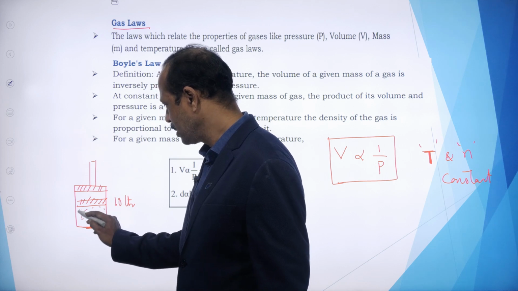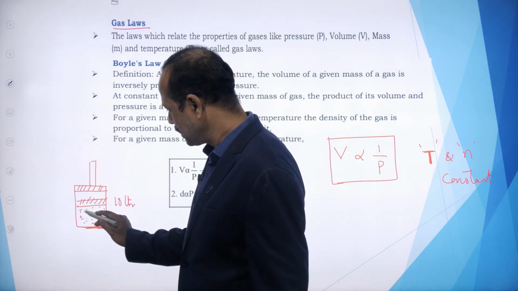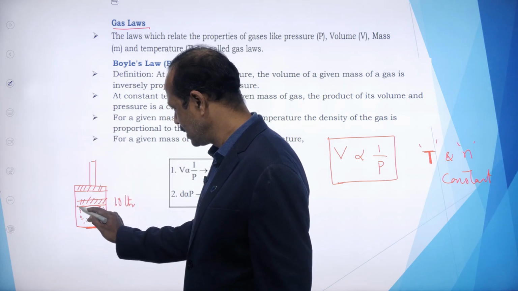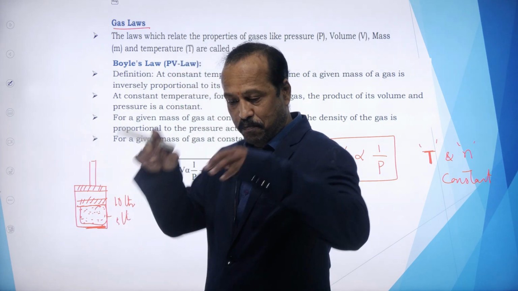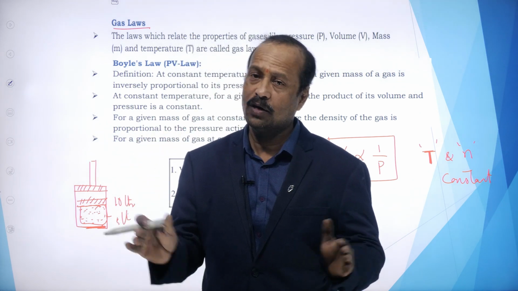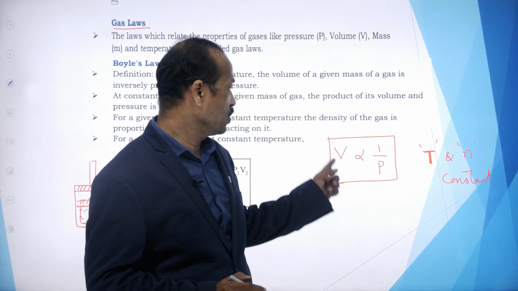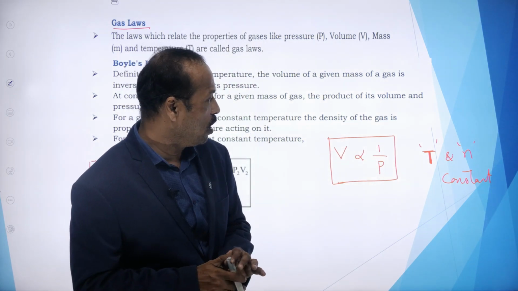So, the gas is compressed. So, I am increasing the pressure. Now, the volume is only this much. So, this is 5 liters. So, the meaning is, as the pressure increases, volume decreases. So, volume is inversely proportional to the pressure.